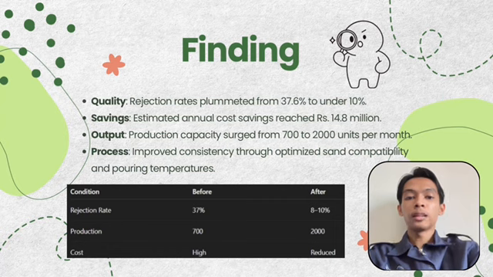Second, the production increased from 700 to 2,000 units per month. The last is annual cost saving reached about 14 million. In conclusion, the DMAIC method successfully improved the quality, reduced the cost, and increased the productivity. This shows that small process improvement can lead to a significant result on the process.